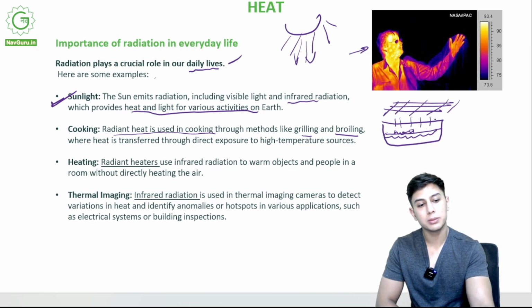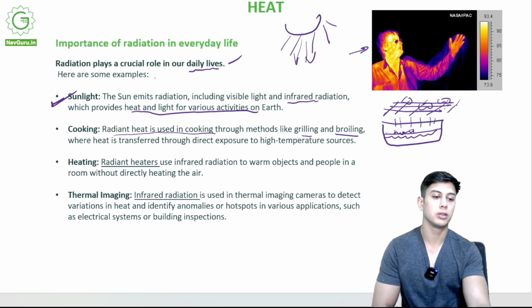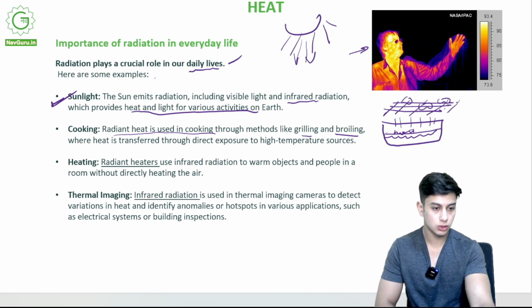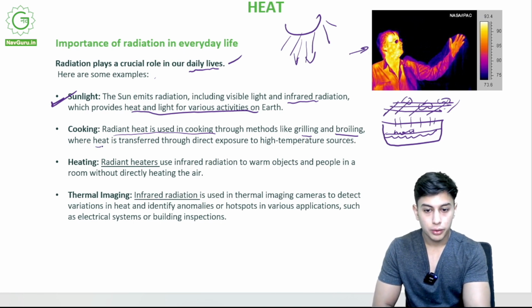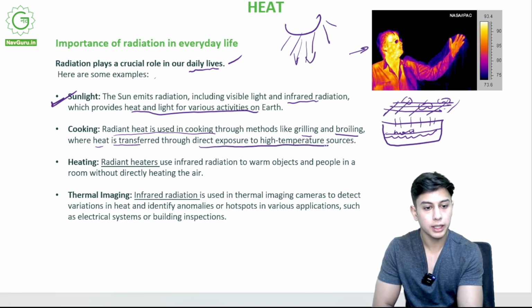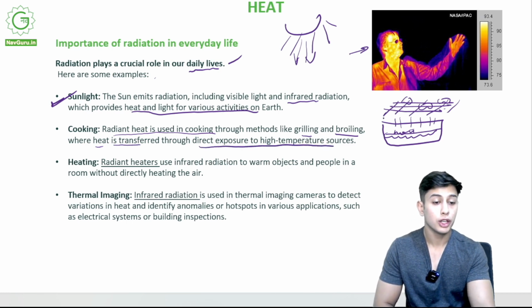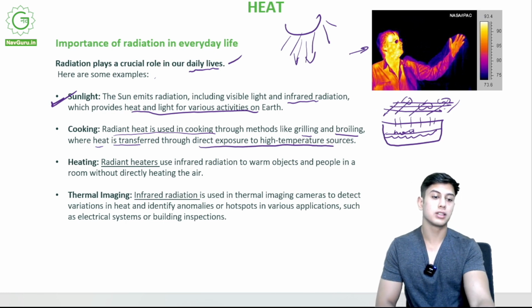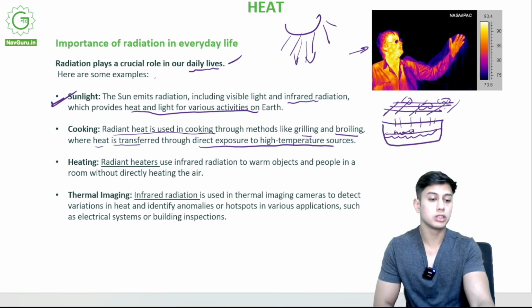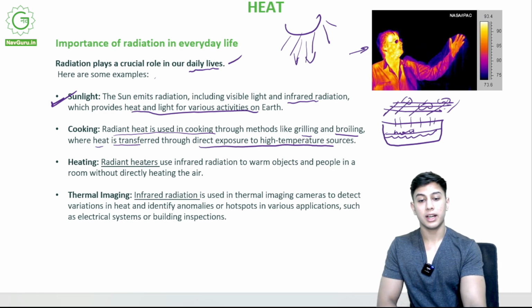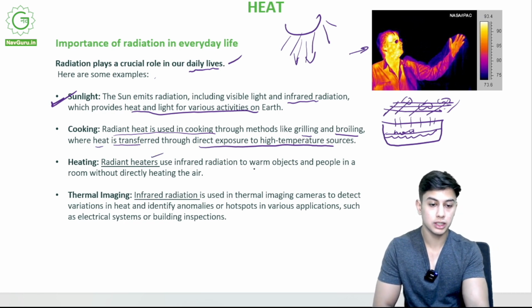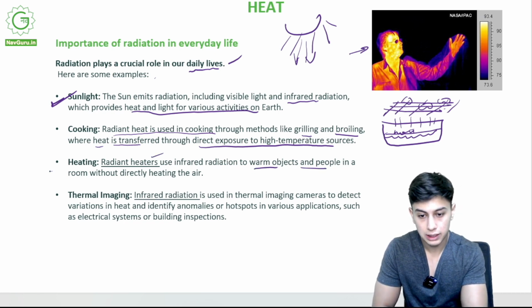This radiation is being transferred to whatever is put on this jali to cook, whatever is put on these wires to cook, where heat is transferred by direct exposure to high temperature sources, okay. You do not need to touch it to know that it is hot. That heat is coming towards you. This is radiation. Radiant heaters use infrared radiation to warm objects, okay, radiant heaters.